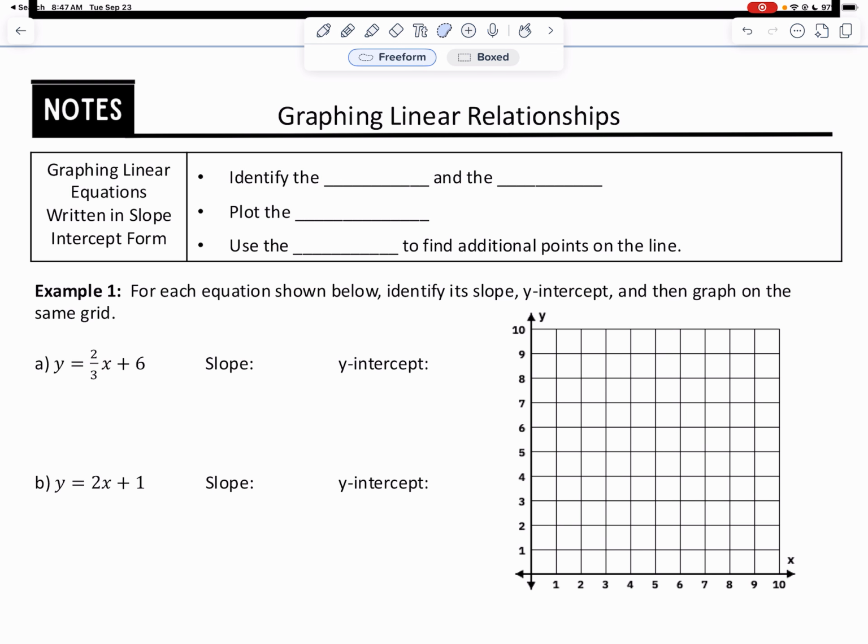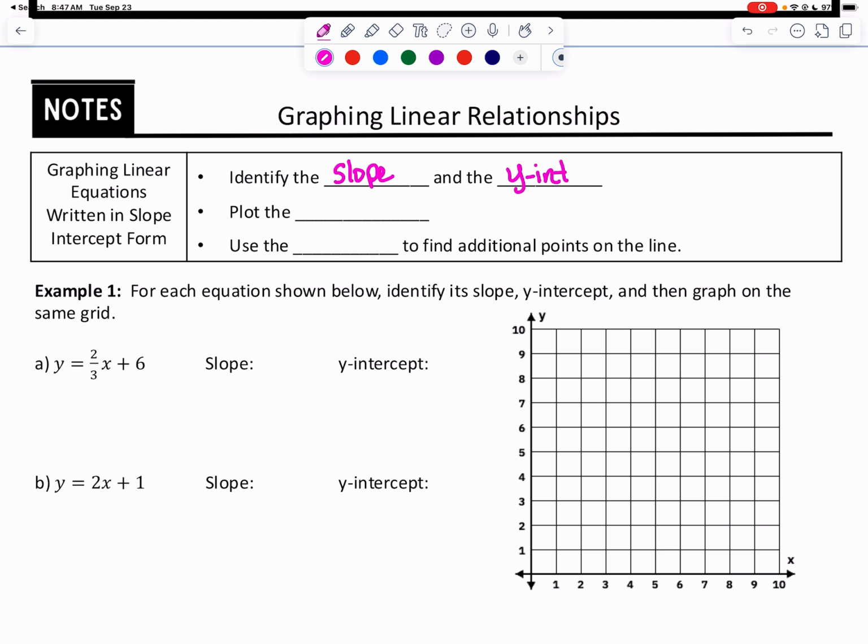In today's lesson, we will be exploring how to graph a linear relationship. Before we do that, let's look at the steps that are going to be needed to graph a linear equation in slope-intercept form. The first thing we want to do is identify the slope of the line and identify the y-intercept of the line.